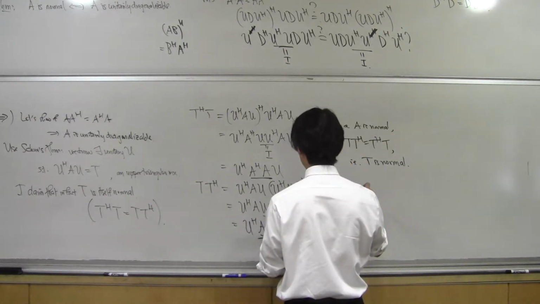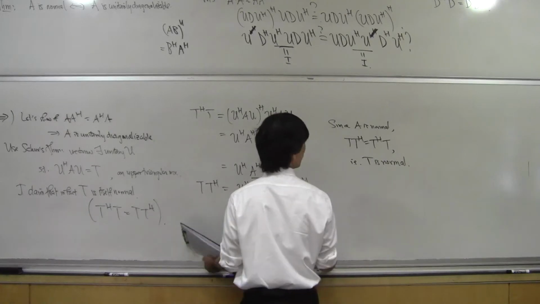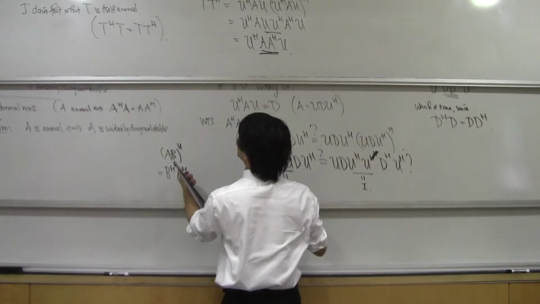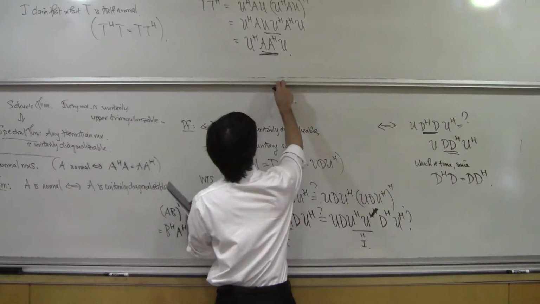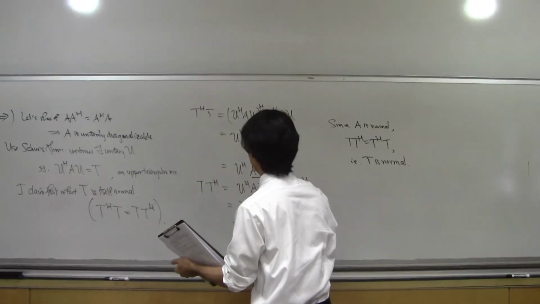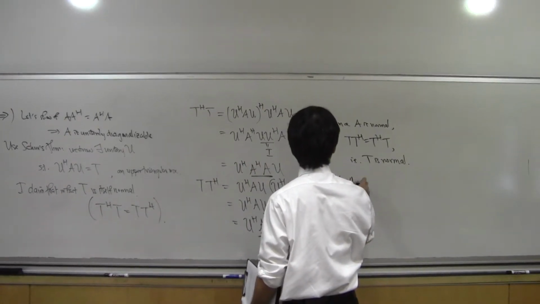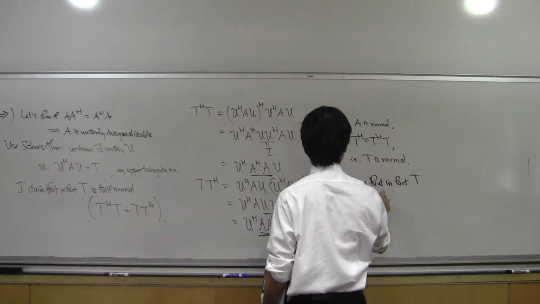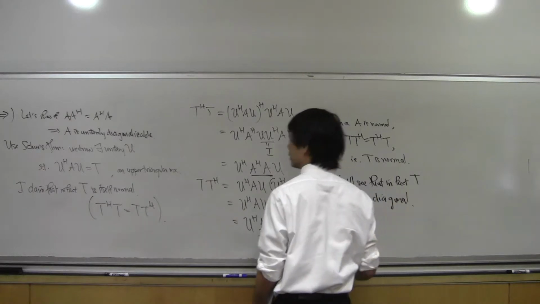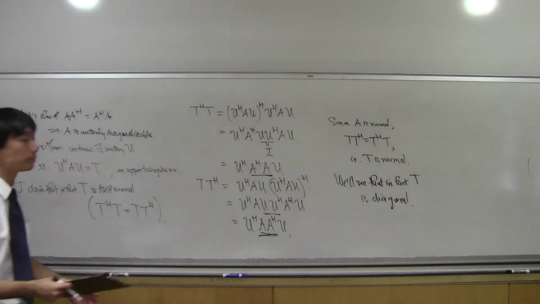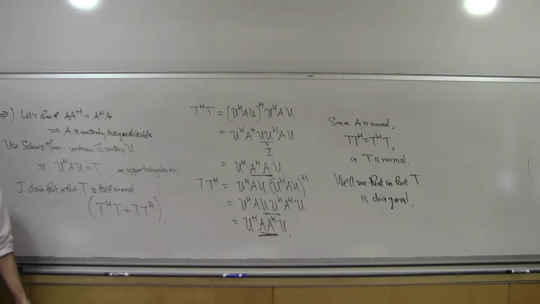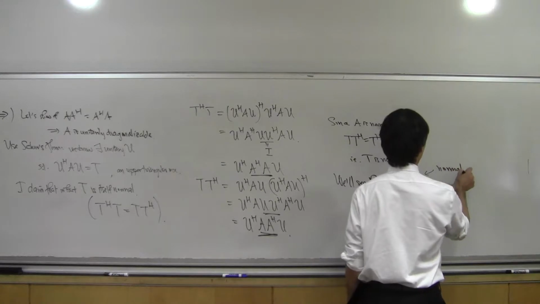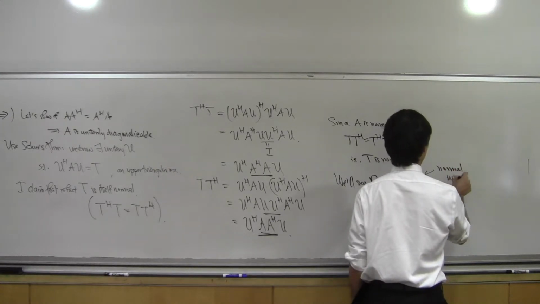Now we'll see that in fact T is diagonal, in a second. We've got this normal upper triangular matrix.